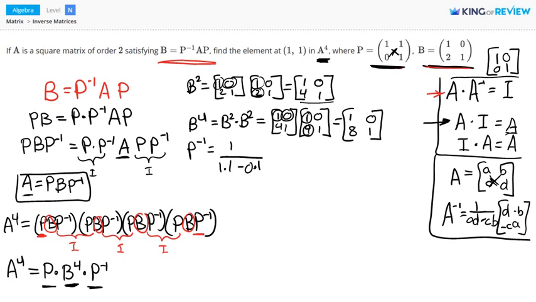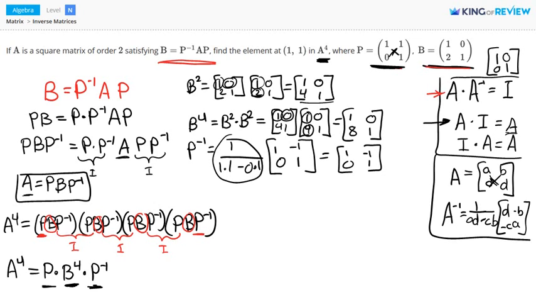So this whole fraction simplifies to 1. And then we're multiplying it by, now A and D positions will switch. That still leaves us with 1 and 1. And then we're going to take negative 1 and 0. So since this whole fraction equals 1, P inverse is going to be 1, negative 1, 0, and 1.